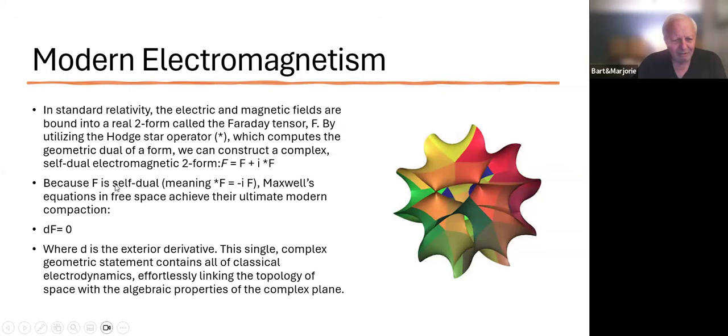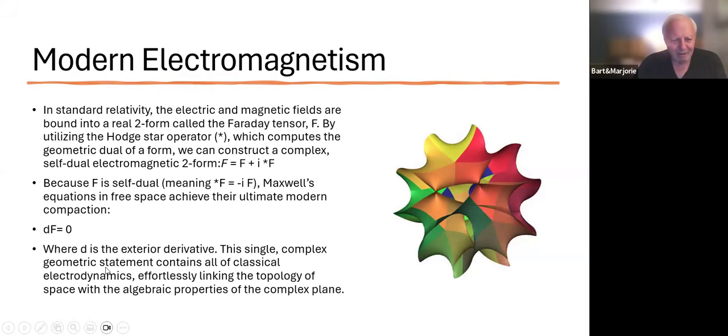And then, because it's self-dual, meaning that the complex conjugate is minus the square root of -1 times F, Maxwell's equations in free space achieve their ultimate modern compactification: that the exterior derivative of this two-form is zero. What could be prettier than that, where d is the exterior derivative?